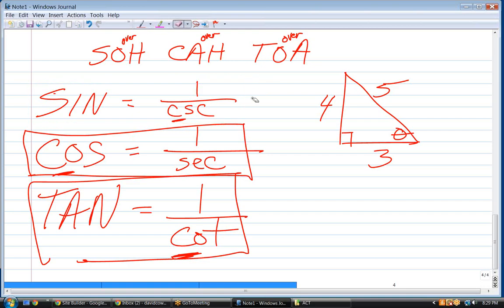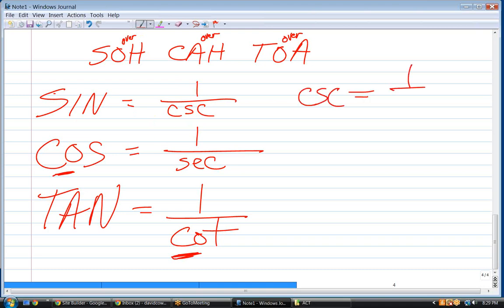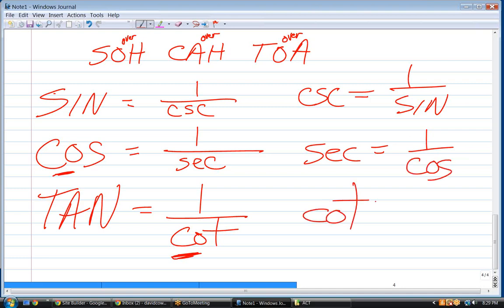So these three reciprocal relationships, since they're reciprocal relationships, mean that cosecant is 1 over sine also, and secant is 1 over cosine, and cotangent is 1 over tangent.